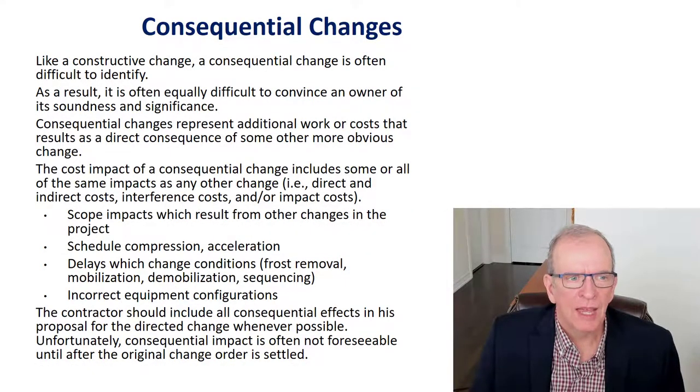So that really requires a lot of evidence and a lot of documentation, because you've got an owner saying, I don't want to pay for this. What am I getting out of this, right? And so you really have to have monitored the project very carefully and demonstrate how this is impacting the project and how this is costing you extra money, and be able to prove that.